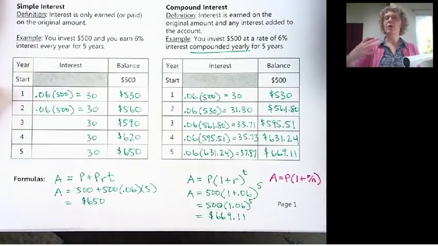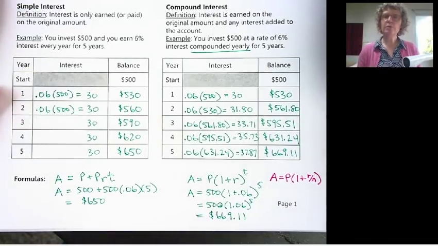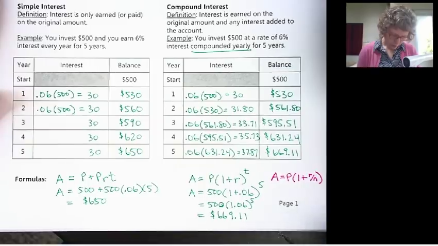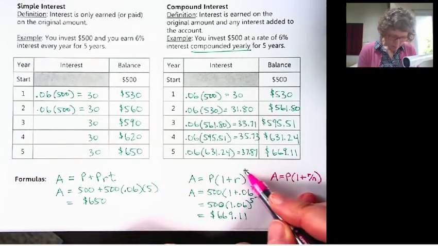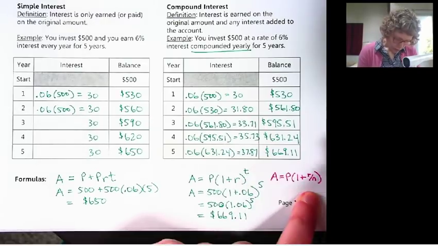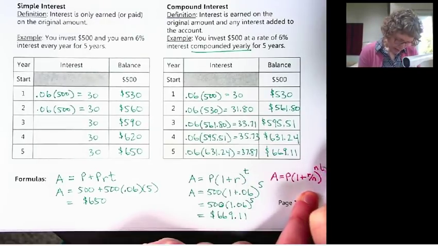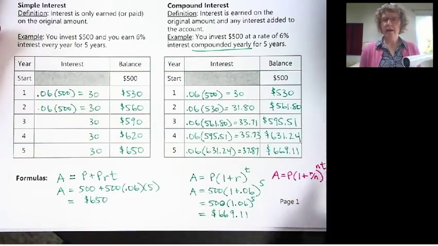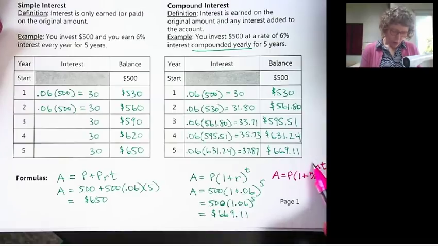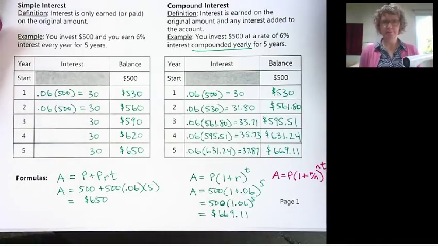You wouldn't get the whole rate every single month, but you would get 1/12 of the rate every month, and it would add up to the whole rate over the year. And then instead of just going once, say, per year, you would multiply N by the number of years. For example, 12 times the number of years. So it would actually be compounded 12 times every year, but you would get 1/12 of the rate.